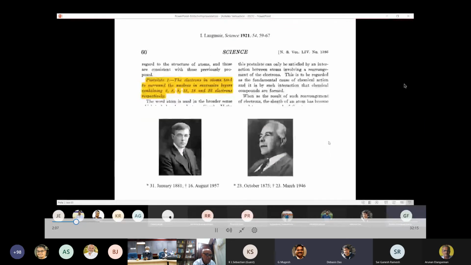And this was done in 1921 by Irving Langmuir, who wrote in Science that electrons in atoms tend to surround the nucleus in successive layers containing 2, 8, 8, 18, 18, and 32 electrons respectively. Irving Langmuir built his rules on the famous 1916 paper by Gilbert Lewis, but he is actually the author of proposing these rules, which are still valid nowadays.